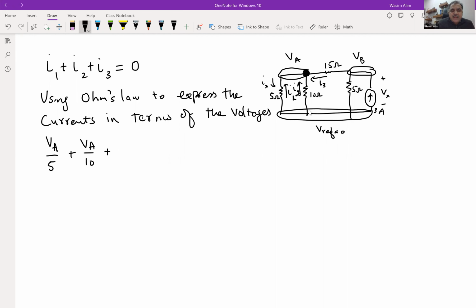So therefore, we can say it's V sub A minus V sub B over 15.